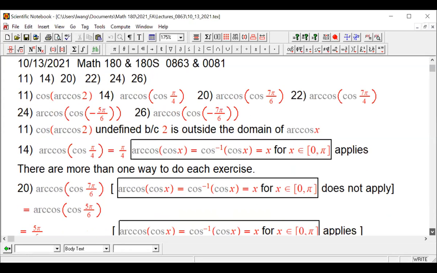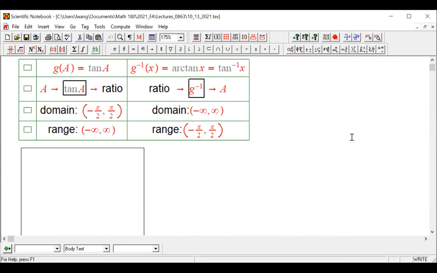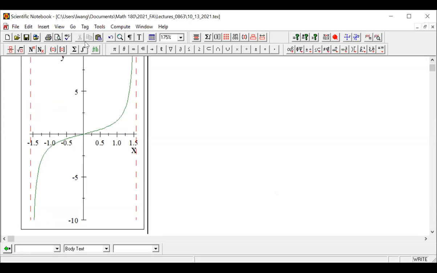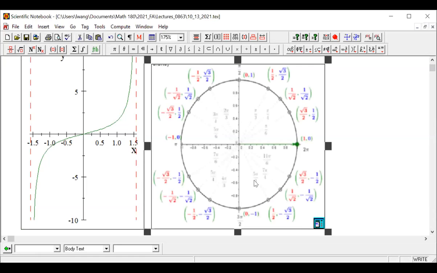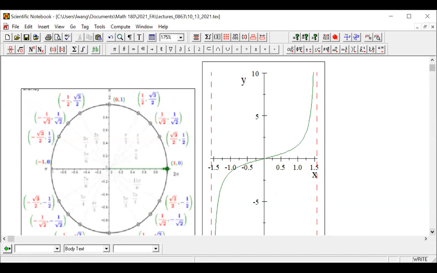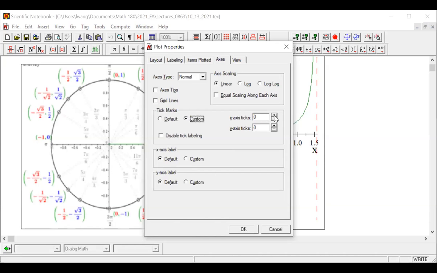Let's recall another thing. I'm going to bring back my unit circle. On this unit circle, how is the tangent curve made? Let me make a little adjustment so it looks nicer.